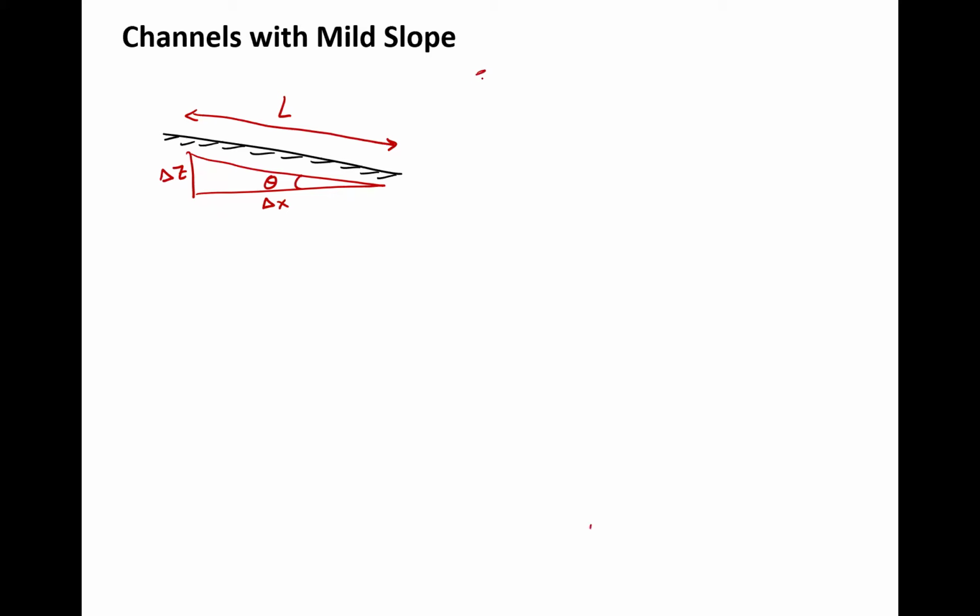How do we define the slope? The slope, let's call it S, capital S, is equal to the change in elevation delta z divided by distance delta x. And from calculus, we know that this is equal to tan of theta. Nothing complicated so far, right? Now I'm going to say we're looking at small slopes. So for small theta, what do we have?